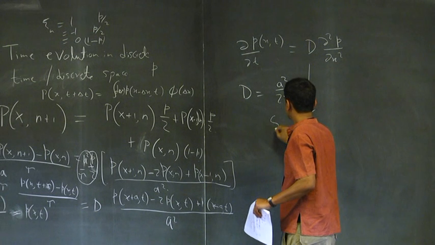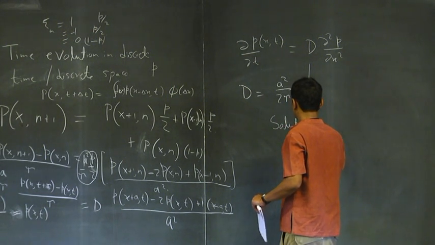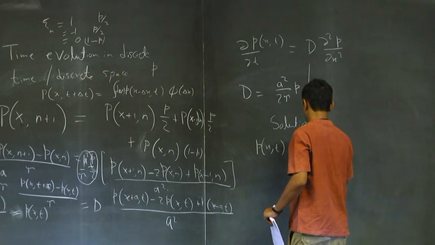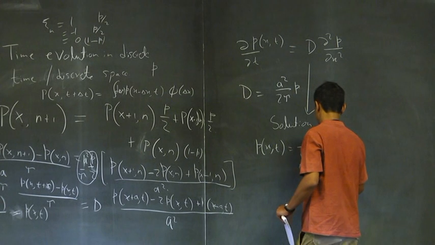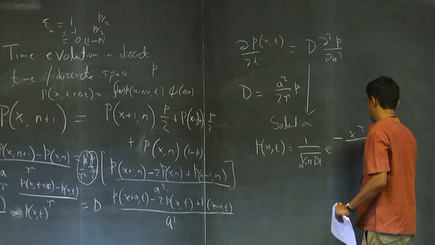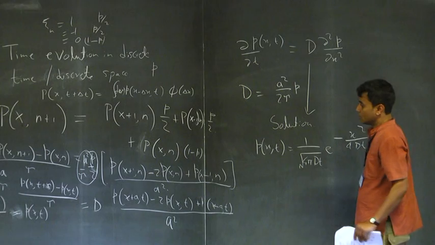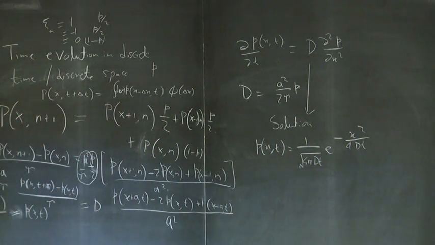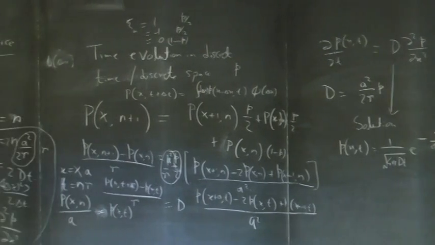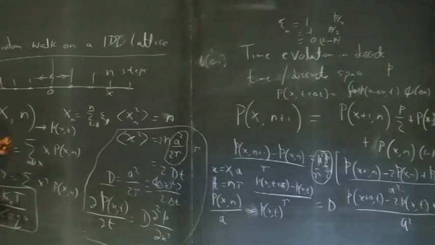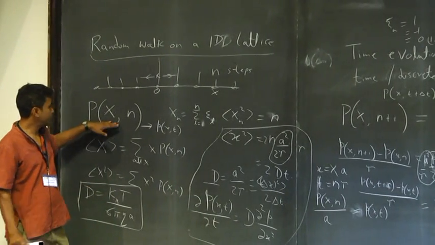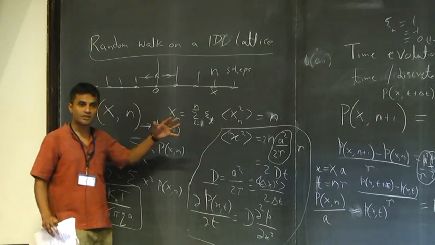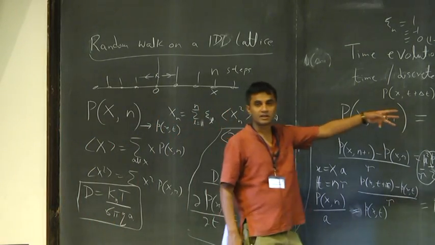So the solution is... Okay, so of course earlier we derived this in a completely different way. We did some combinatorics and found this object, right? You just counted how many ways you can go and so on, and then we took some limits, Stirling's approximation, and we found this, right? So that was quite difficult, but this way it's really simple.